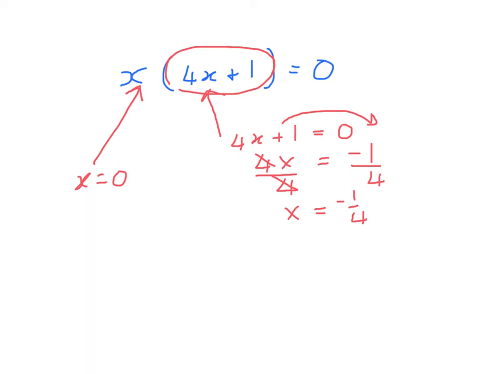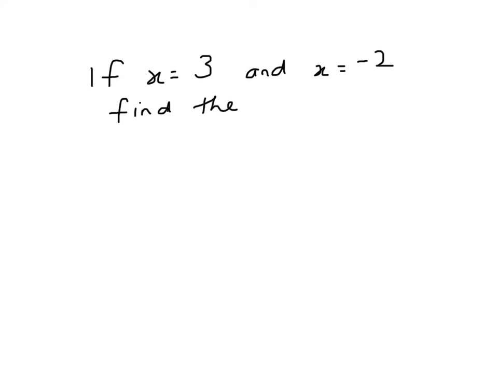Now in some problems, they give you the solution and you have to find the equation, so you're working backwards. They may say, if x equals 3 and x equals -2, find the quadratic, or find the equation of the graph.